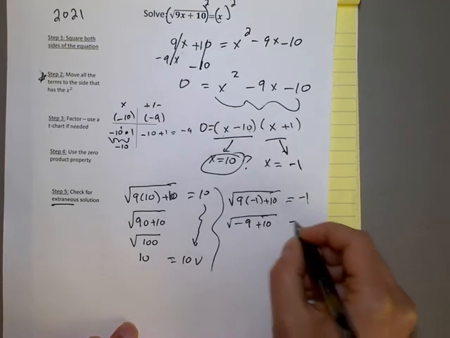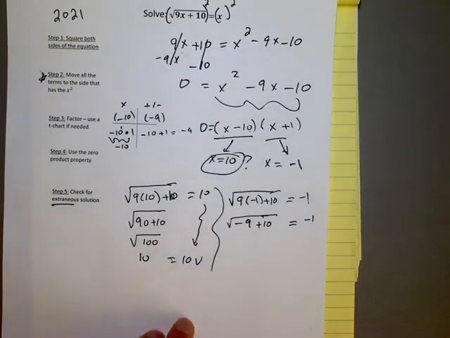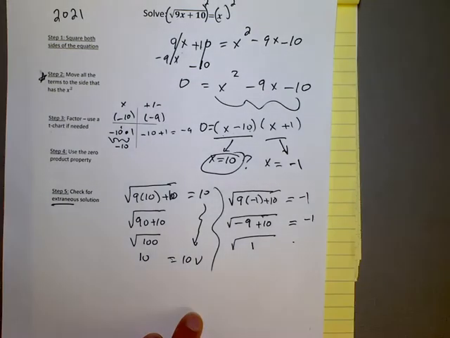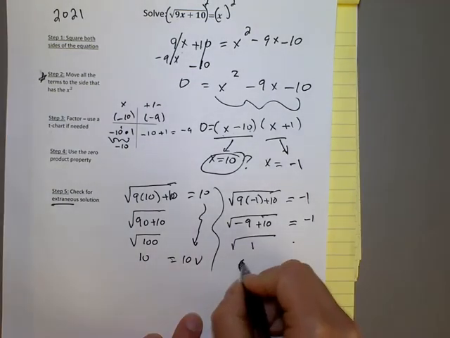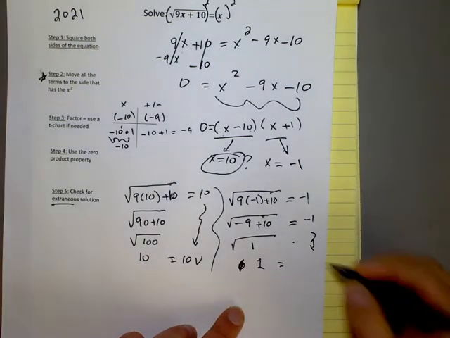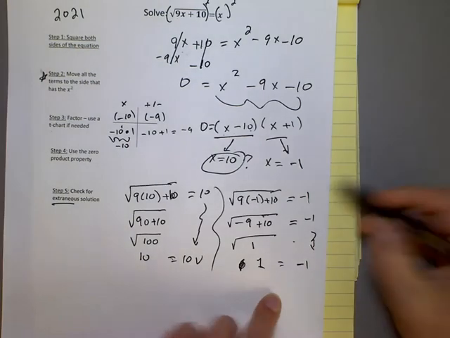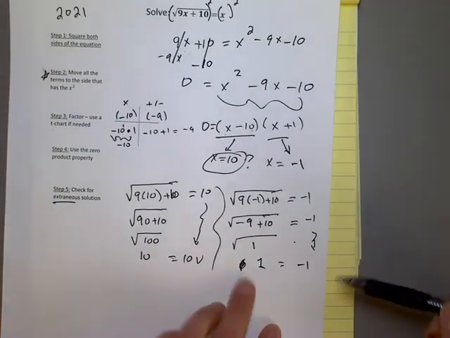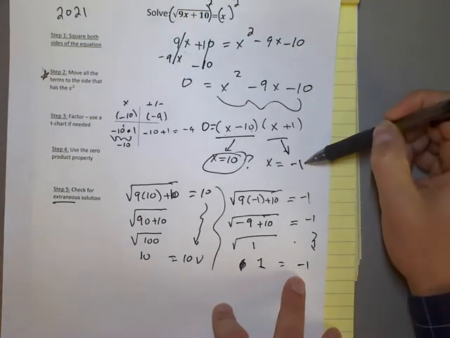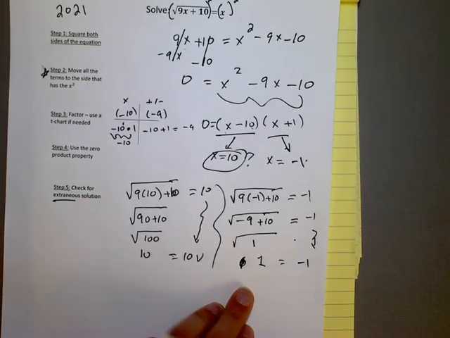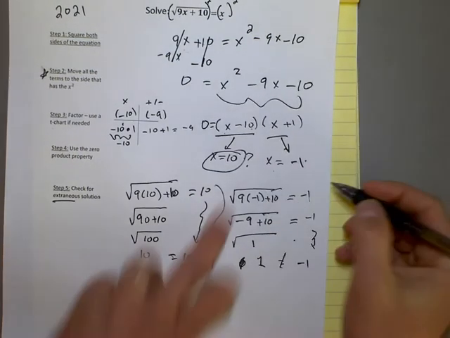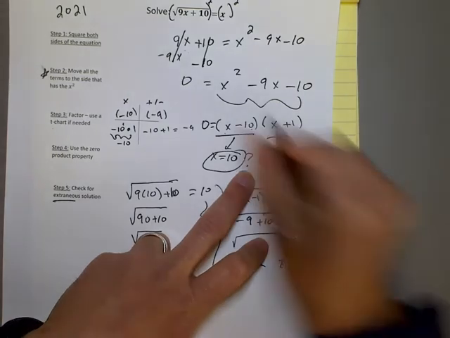Negative 9 plus 10 is 1, and square root of 1 is just 1. But as you can see on the right side, we have negative 1 is what we're checking for. So we got an answer of 1, but when we solved it, negative 1 came up. These are not equal, which means that negative 1 is an extraneous solution. That would not make this statement true.